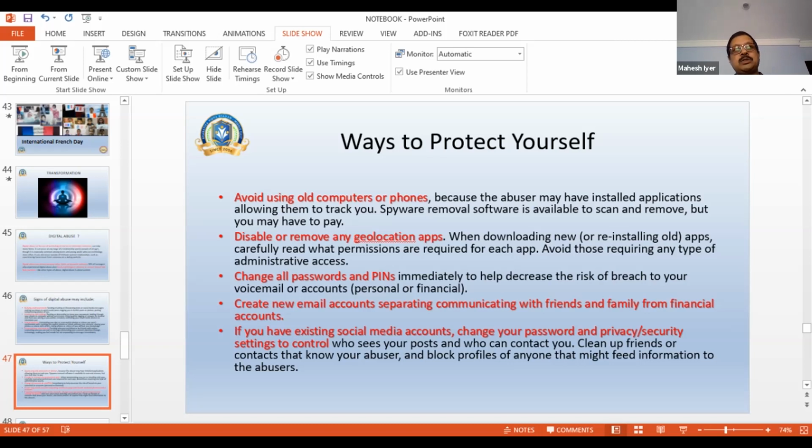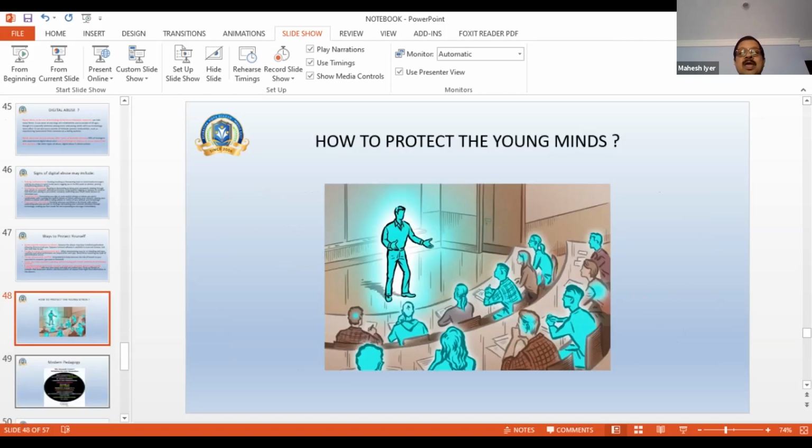Rather than the students, it is very important to convince the grown-ups. As educators, what we can do, how we can tame these young minds, by giving motivational lectures, being friendly, and even through the curriculum.